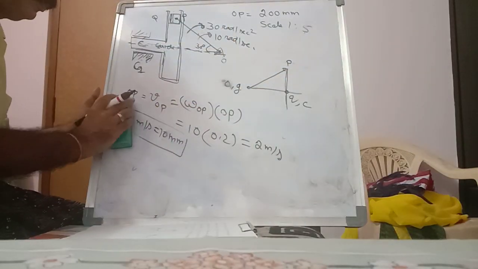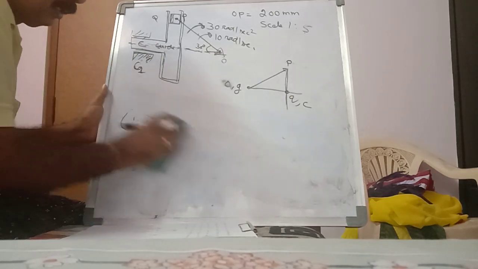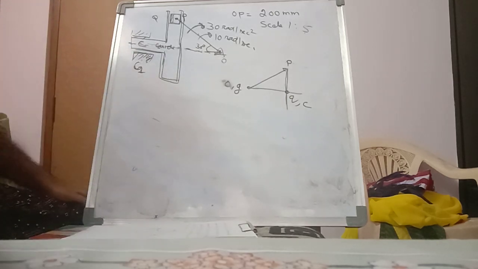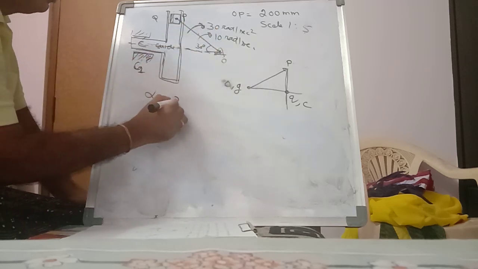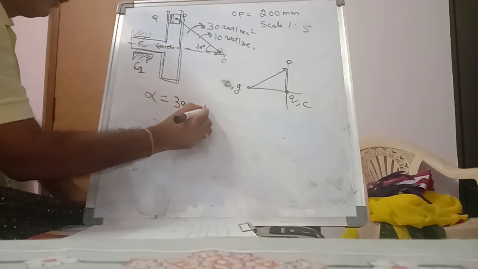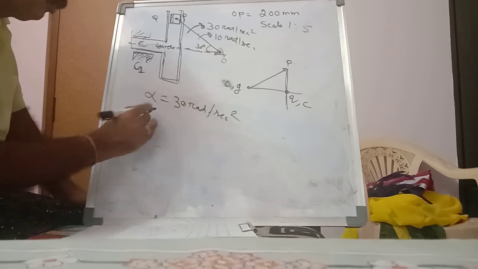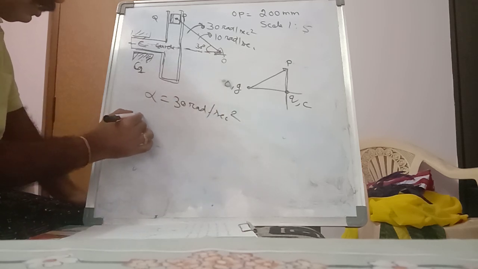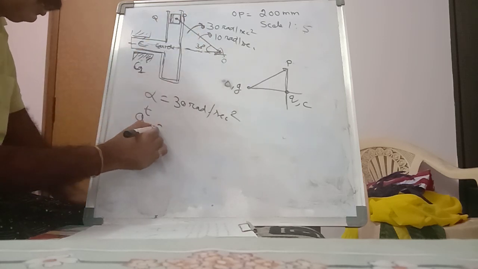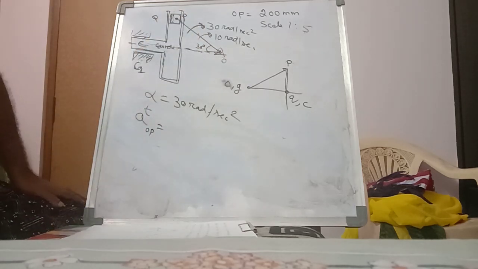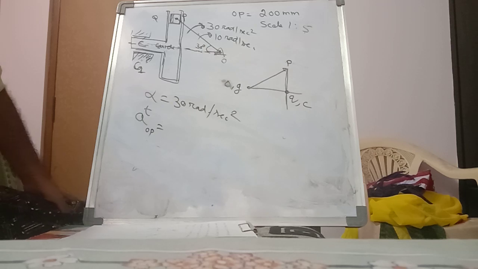Now I will explain how to do the acceleration diagram. For the acceleration diagram, alpha is given. What is alpha? 30 radians per second square. From alpha, we always find the tangential component, that means AT of OP.